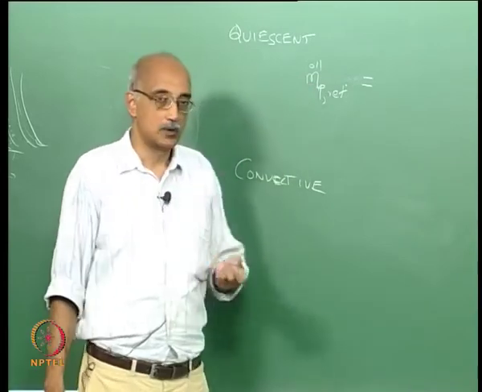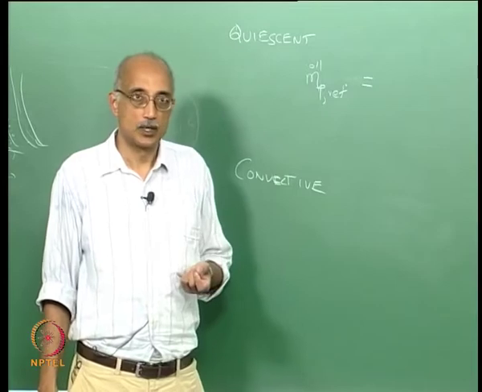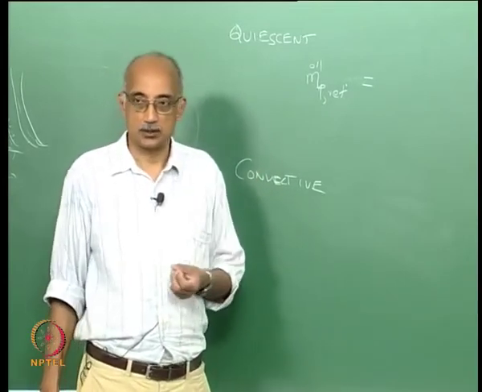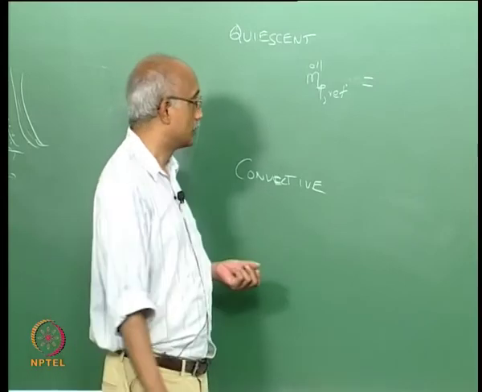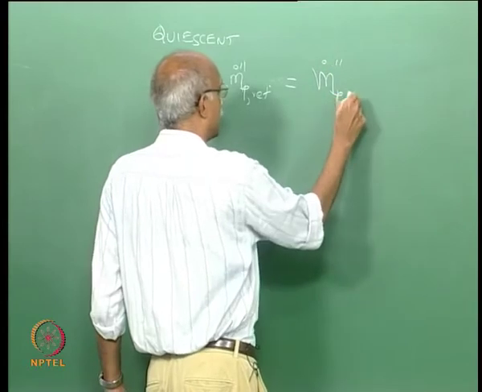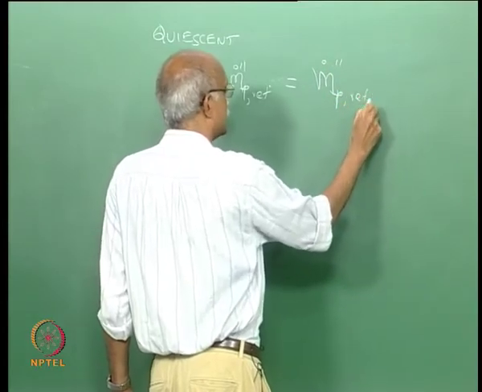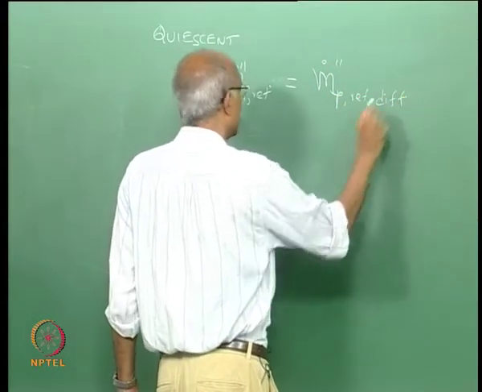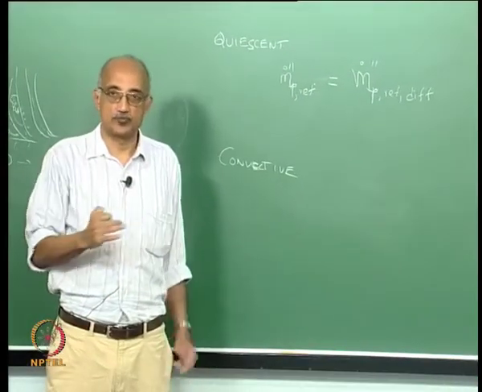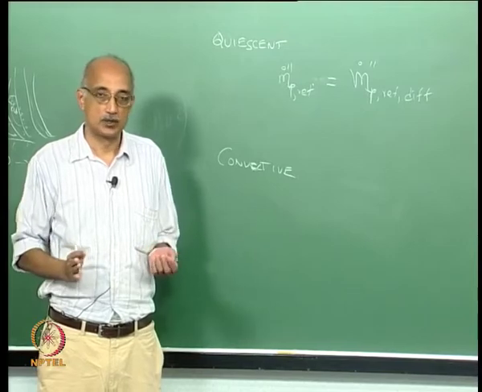In the case of quiescent flow, it relates back to the diffusive characteristics of the particle. So this will be an M_P dot double prime reference diffusive, because diffusion becomes the only prevailing transport mechanism if you have a completely quiescent system.